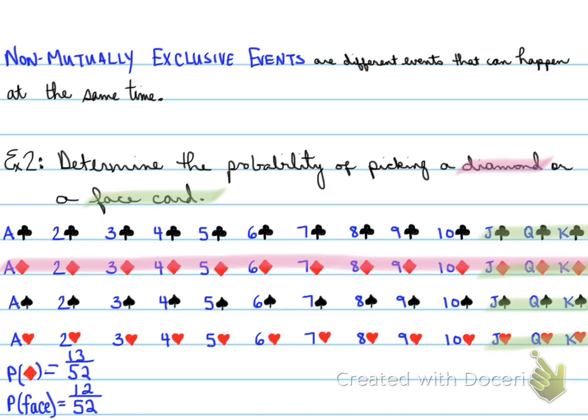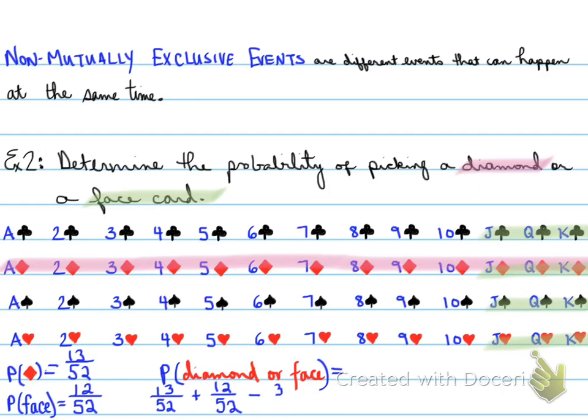Now, to calculate the probability of a diamond or a face card has to have some calculations involved. That is, probability of the diamond plus the probability of a face card minus what? Well, we're going to minus the doubles.